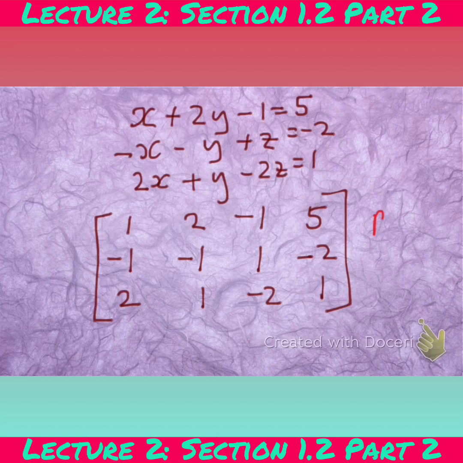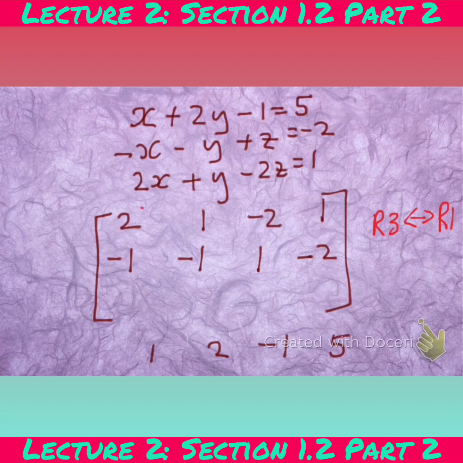So you're going to take the third row and interchange it with the first row. So we're going to switch the 2 around. That's my leading entry there, and I'm going to create zeros below it.